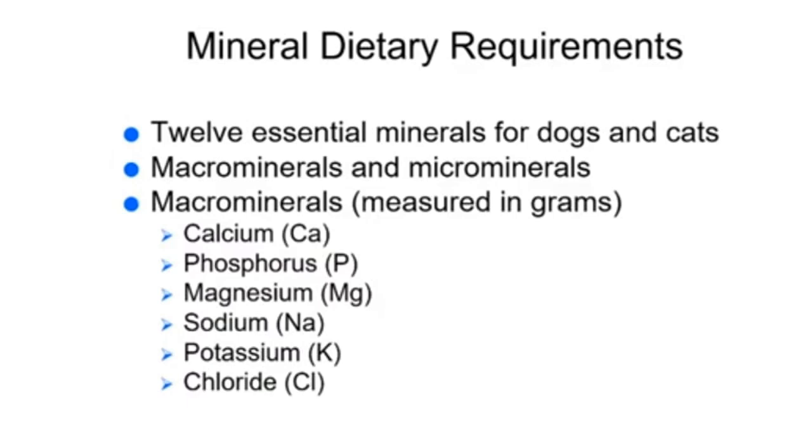Those required in grams are considered macro minerals: calcium, phosphorus, magnesium, sodium, potassium and chloride. Calcium and phosphorus are very important in skeletal growth, and magnesium and potassium are also very important. All of these have a very good source in meat and byproducts.